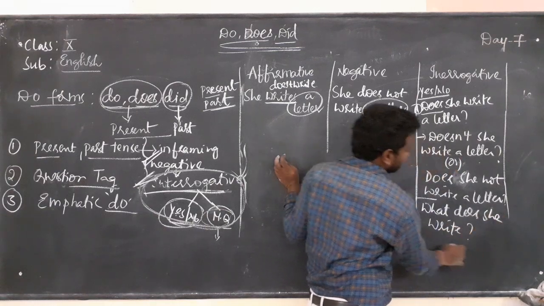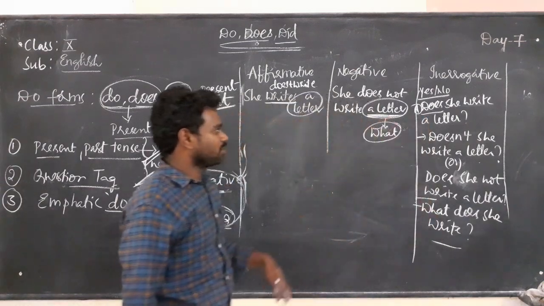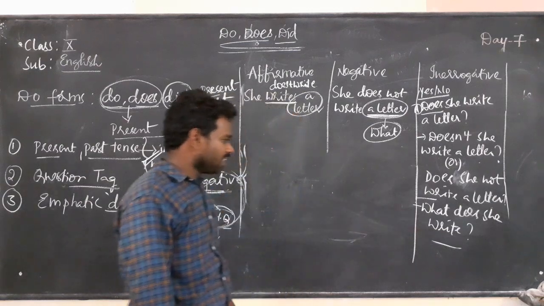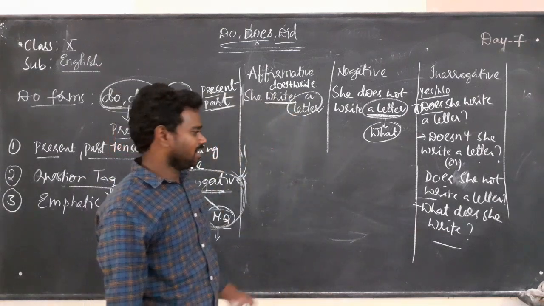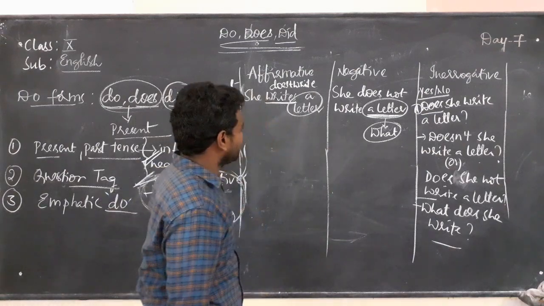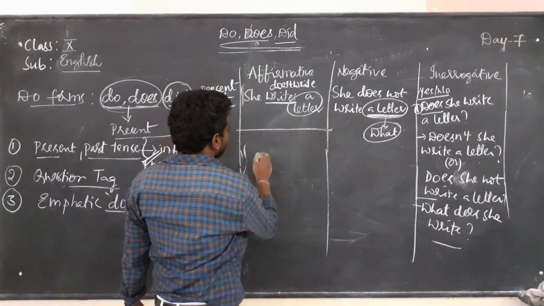This is a main question. These are yes-no question, yes-no interrogative, and main question. What does she write? She writes a letter.